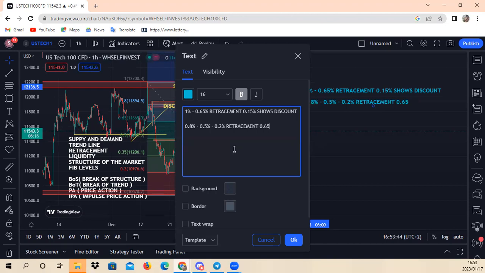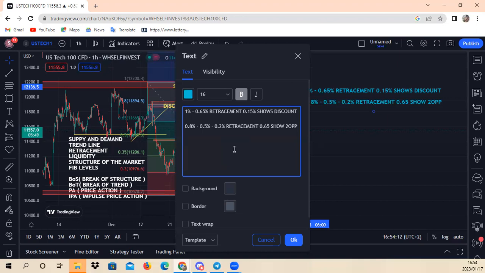So once it does that, that's where it shows like a second option. Like, the 0.65 level, after it retraces from either the 0.5 or the 0.2, it would basically give you a second option on catching the overall trade, you see.